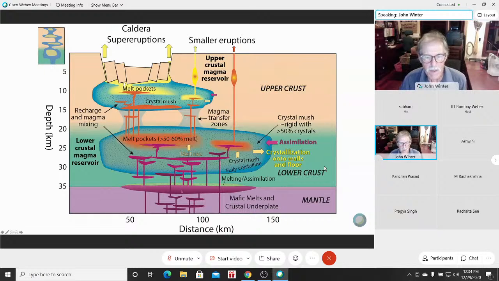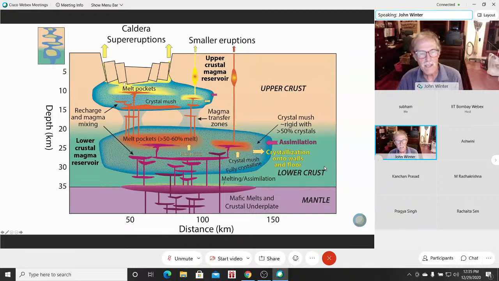And so by a combination of crystal settling and assimilation, etc., you get a more evolved upper portion here, and some of these can be tapped off. So notice now that these rising melts are more evolved than these ones down here. So these feed into a magma reservoir, you might call this, or you might call this a magma chamber.